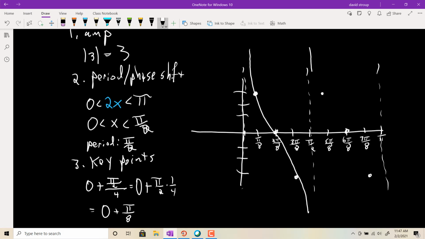They call that concave up in calculus, and then concave down. Okay, so that's the spiel. If you need another period, you can go in the other direction: 1, 2, 3, 4. So negative 2 pi over 8 back here.